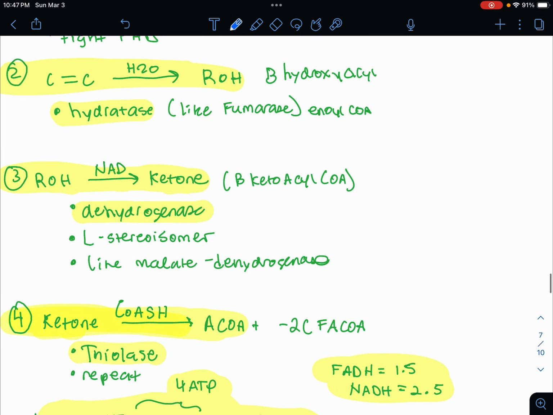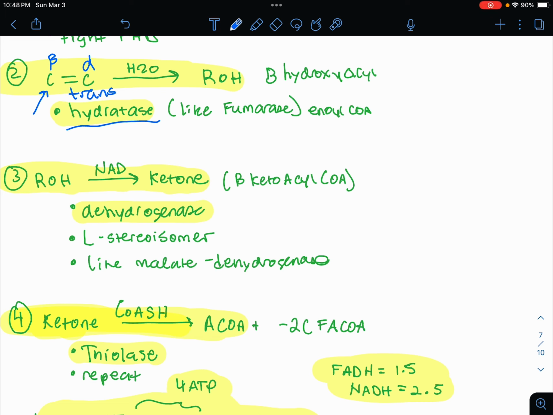All right, step 2. So remember, we had that enoyl-CoA, or just this carbon-carbon double bond. This is going to be between the alpha carbon and our beta carbon. Remember, beta oxidation is going to involve that beta carbon. So the carbon-carbon double bond molecule will be worked on by this hydratase. This is the enoyl-CoA hydratase. And with a hydratase, you're going to need water. You're going to add water to the double bond of this trans enoyl-CoA.